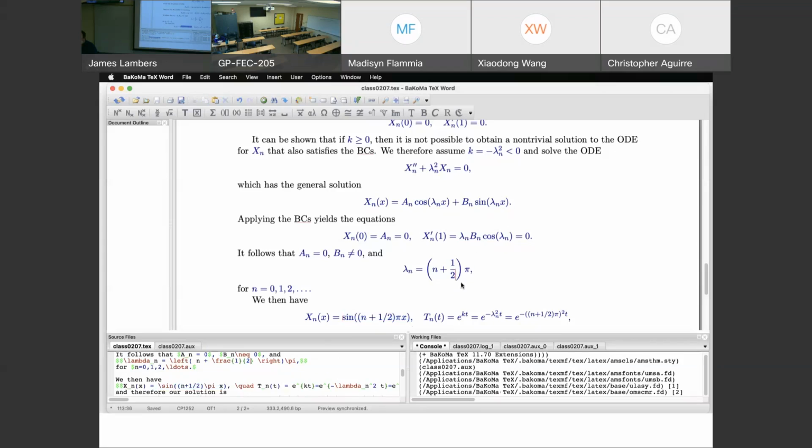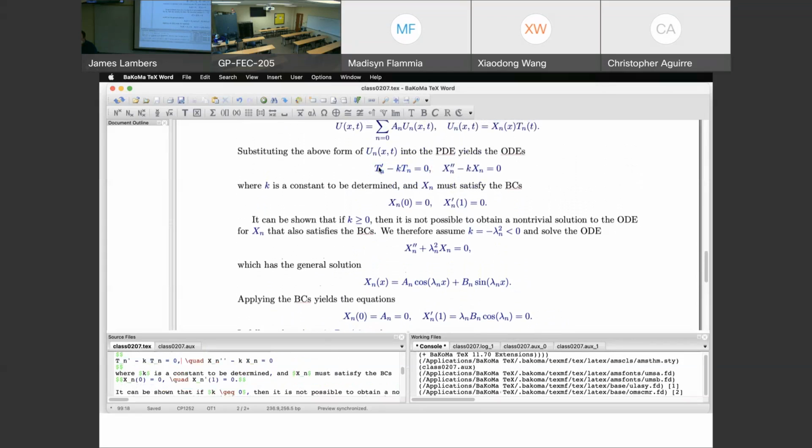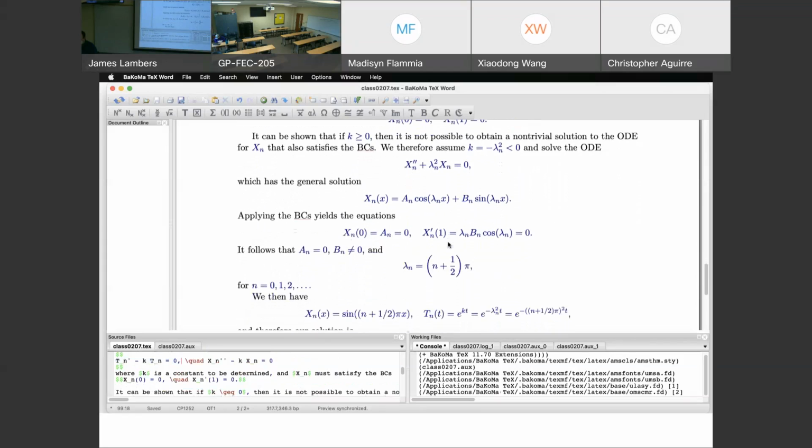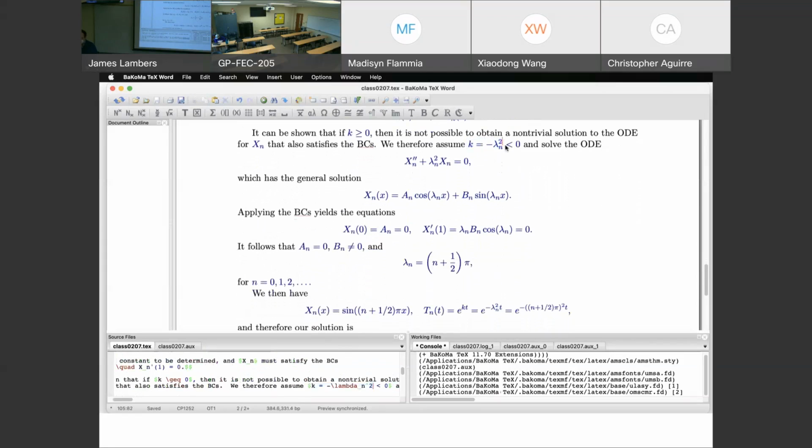Now the ODE for time, that was last mentioned up here. The general solution to this is e to the kt. So I have that down here, but k is this, minus lambda n squared, so I fill that in. But I know what lambda n is now from solving this problem, so I fill that in, and here's my time portion.